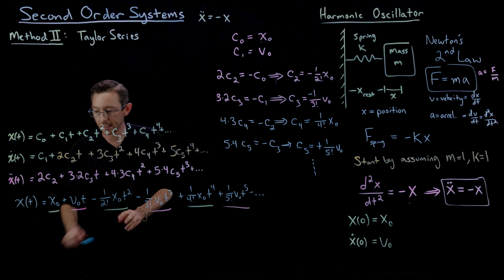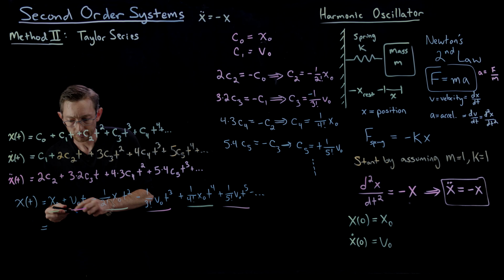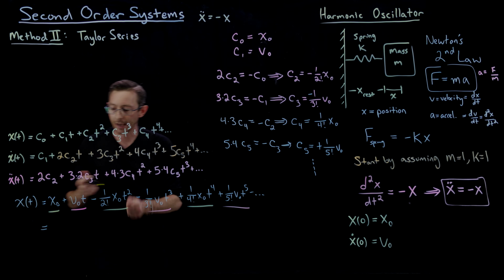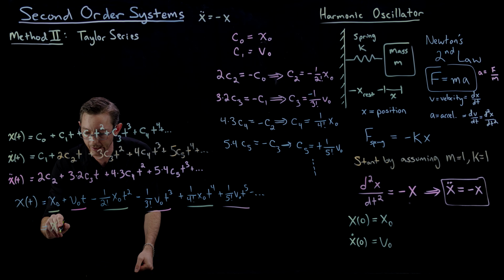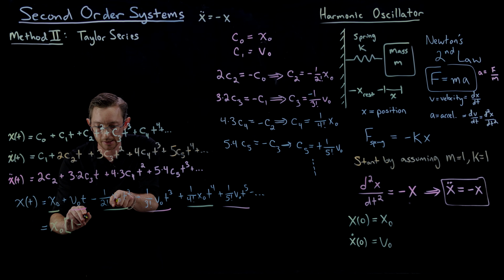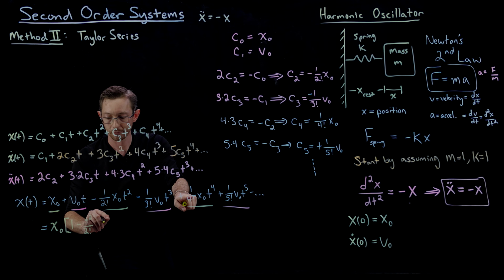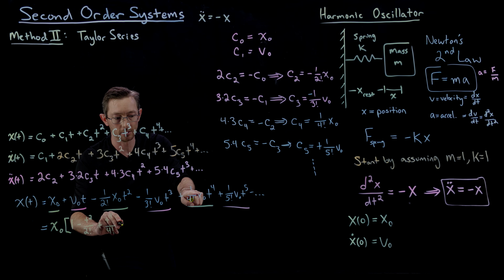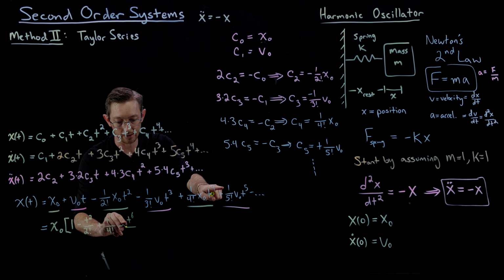I can say that x of t equals, maybe I'll write this in yellow, x naught times 1 minus t squared over 2 factorial plus t to the 4th over 4 factorial, minus, I'm sure it's going to be t to the 6 over 6 factorial, plus dot dot dot.